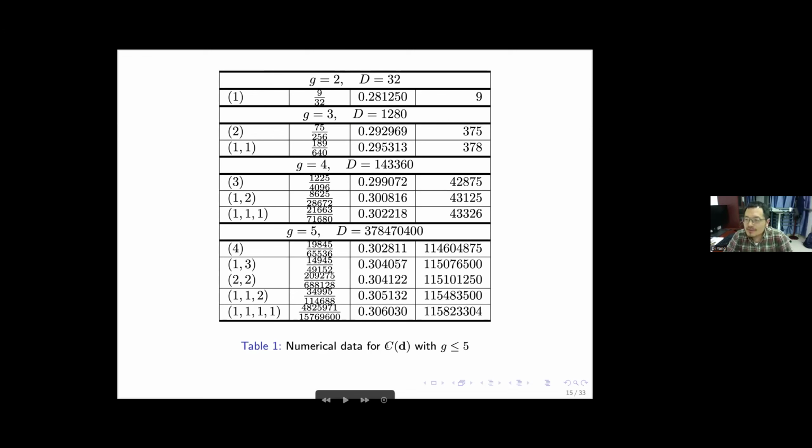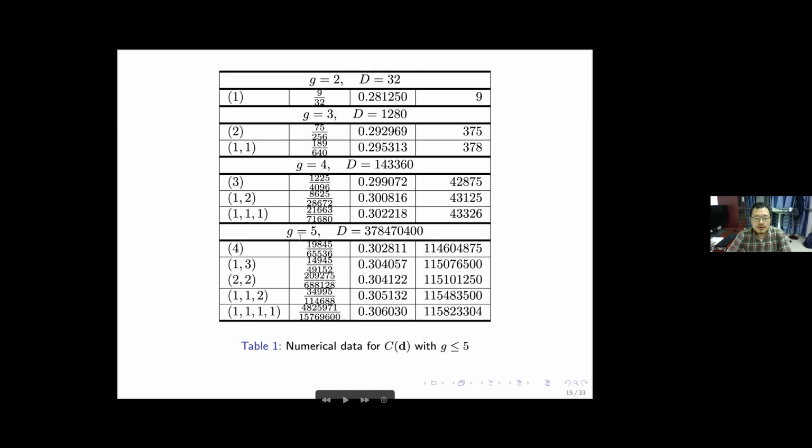After we did this new normalization, instead of looking at it as a rational number, we will look at the digits. For example, the first one is 0.28, 1250, and now it's 0.2929 and so on, and now it's 0.295 and so on, and 0.299, 0.300, 0.3022.